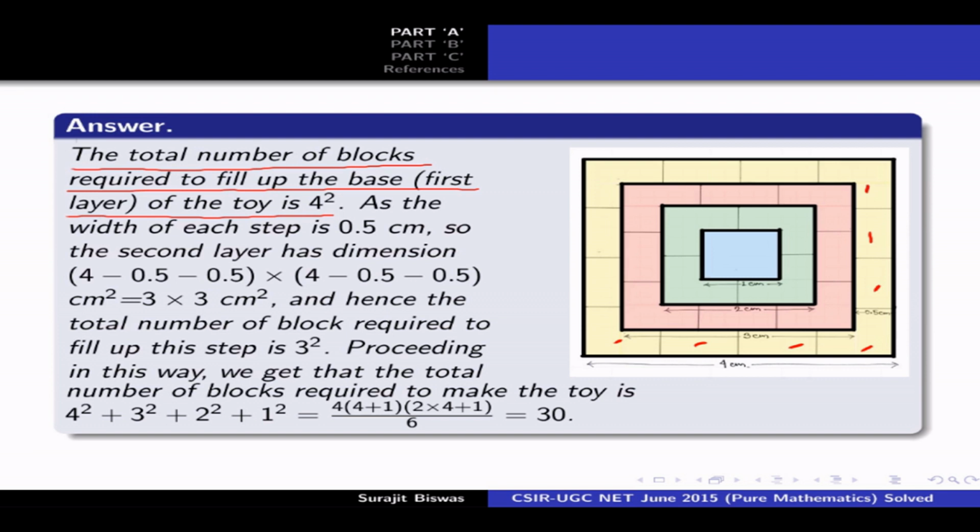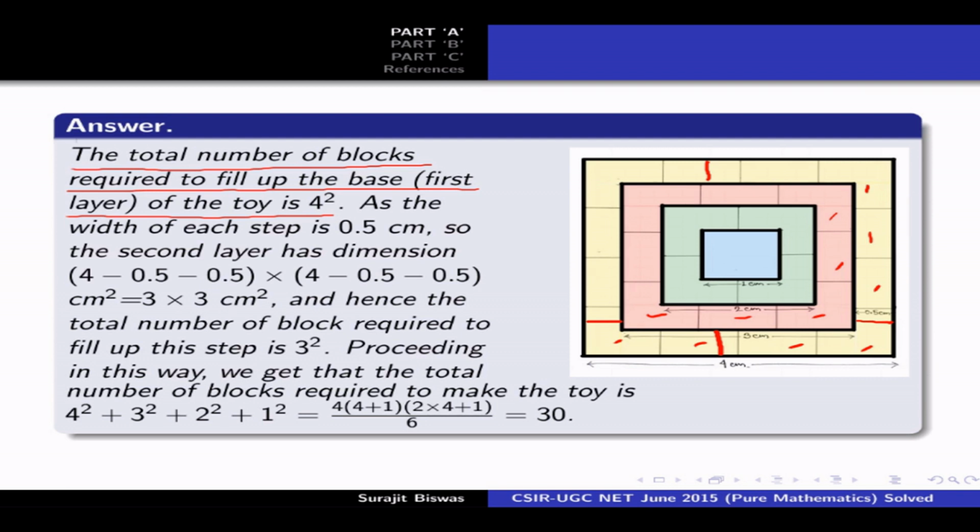Now the width of each step is 0.5 centimeter, so here we have to leave 0.5 centimeter, this side 0.5, this side 0.5, and this side also 0.5. So the left out area for the second layer would be 4 minus 1, that is 3 by 3 square cm, and hence the total number of blocks required to fill up this step is 3 squared, so 1 2 3, in this side 1 2 3, so 3 times 3, that is 9.